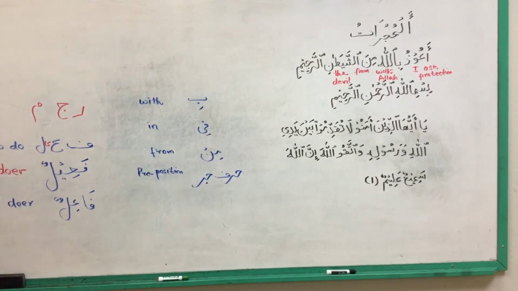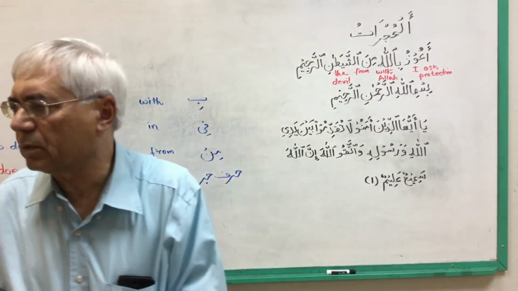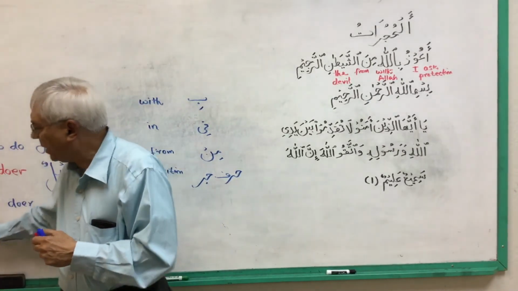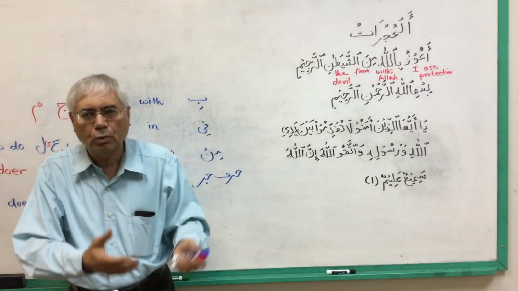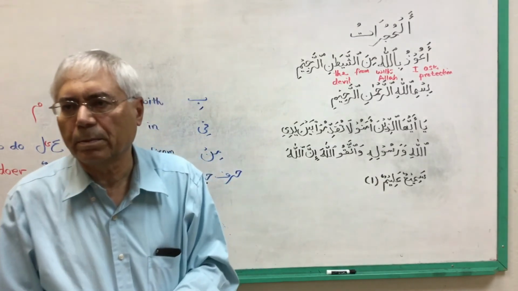So for example, take these three letters, they will probably give you a better picture. Ain, Lam, and Mim. So this is Alimun, and this is Alimun. Alama means to know something. Ain Lam means to have some knowledge of something. Alim is a person who goes to school, gets a degree, and he becomes alim.